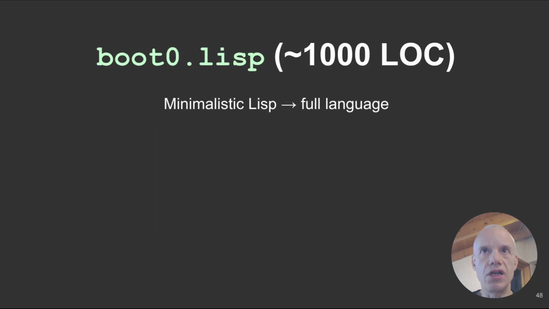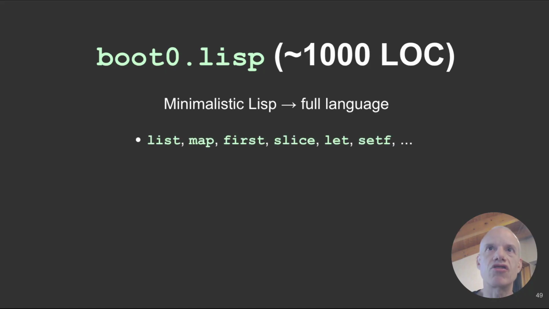Then there is boot0.lisp. That is a file written in Lisp, about 1,000 lines of code, that basically elevates the level from this minimalistic Lisp to a full, usable language. And so, for example, define list, define map, define first, slice, let, setf, and stuff like that. It also implements quasi-quoting. This is very important for being able to create macros more easily.